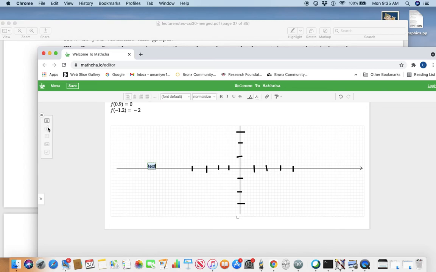Okay, so let me write down the text for each one.